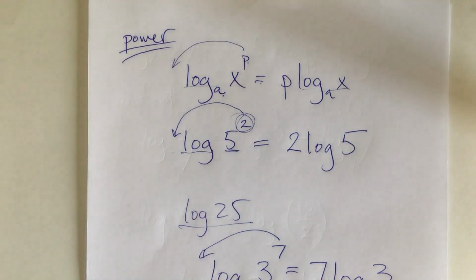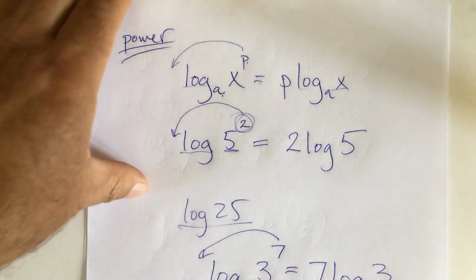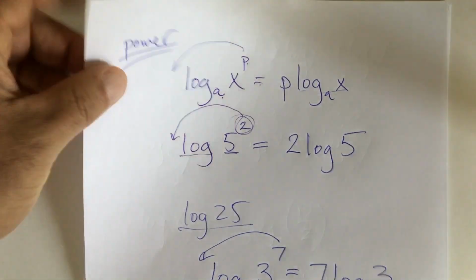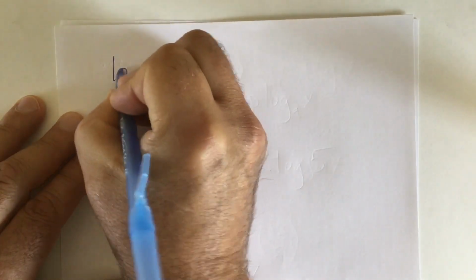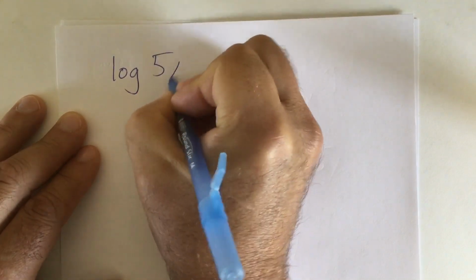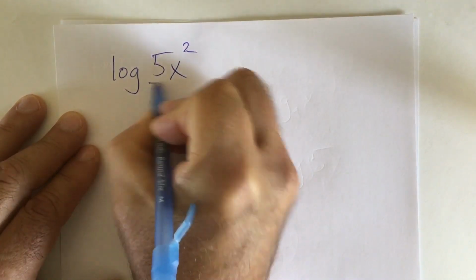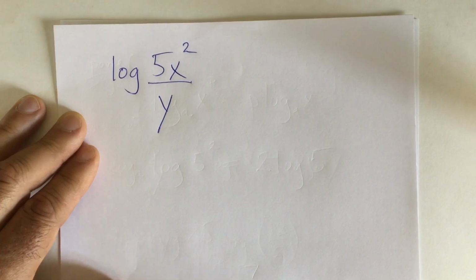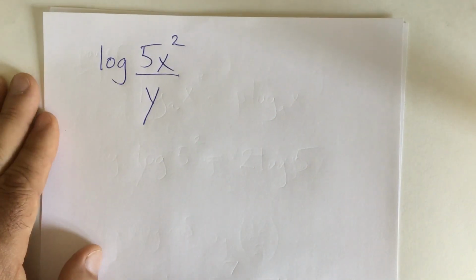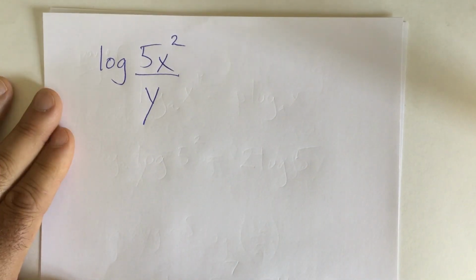So, here's the thing. These questions you're about to do are going to look like this. They might give me something like log of 5x squared over y, and you look at that and you go, oh man, that looks like a pain. I don't know what to do. Here's the thing.